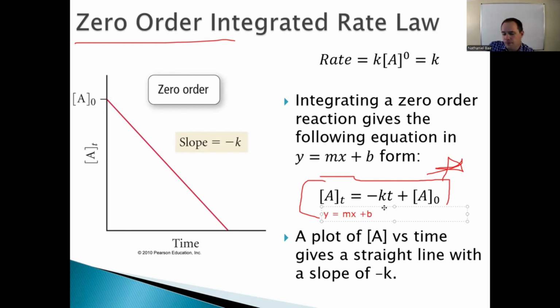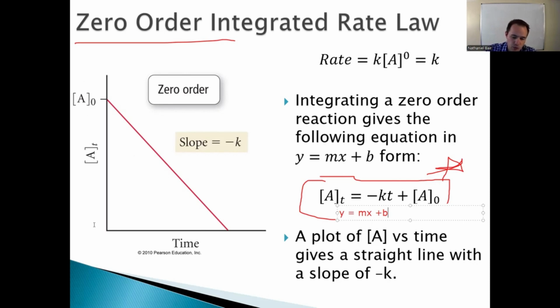Anyway, you can notice that this is in slope-intercept form, where y is the concentration of A at time t. The slope is negative k. Time is the x, and the y-intercept would be that initial concentration of A. So if we look at a graph for a zero-order reaction, again, the y-intercept is the initial concentration.